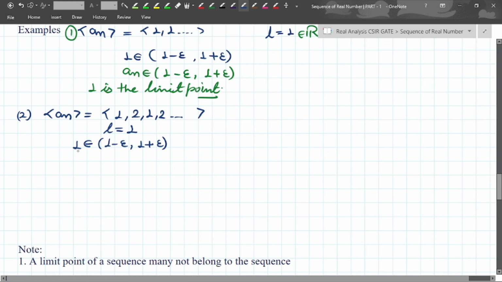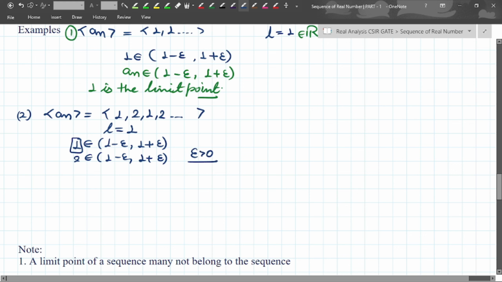So how many times will this repeat in this sequence? It will repeat infinitely many times. I can say that in this case also 2 will belong to this if my epsilon is, let's say, 3.